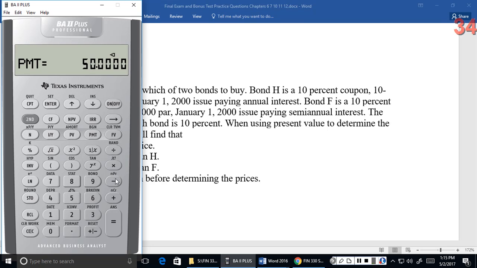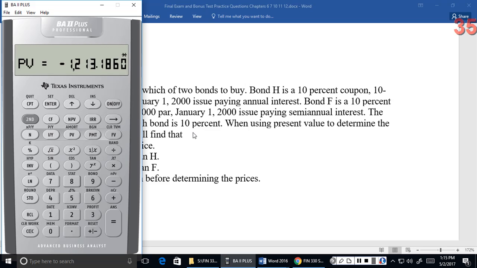And what else am I missing here? Oh, 3.5. I/Y, compute present value. That should be right.